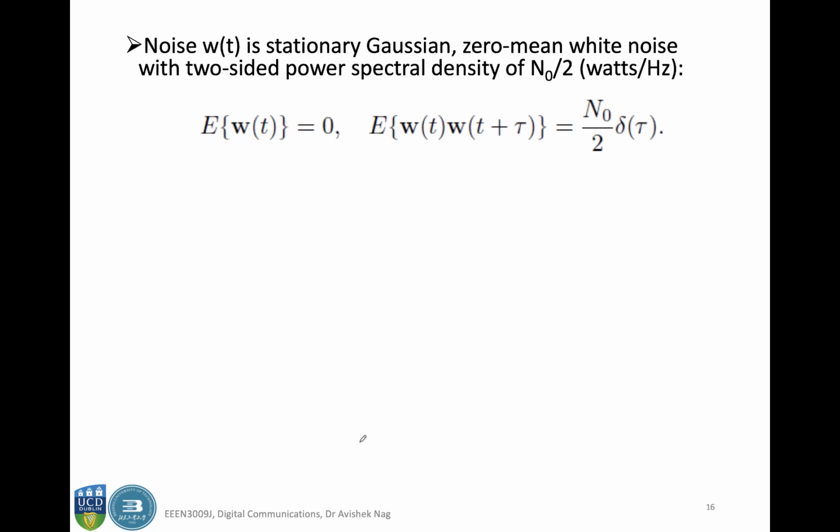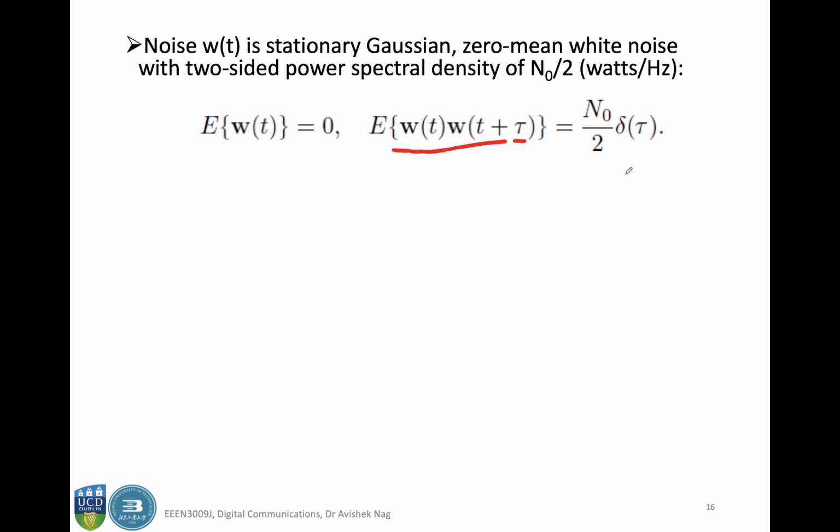And if you take the autocorrelation of the noise, which is the expectation of W(t) with a time shifted version of the same W(t), then you get N0 by 2 times delta tau. So that's the property of the noise.